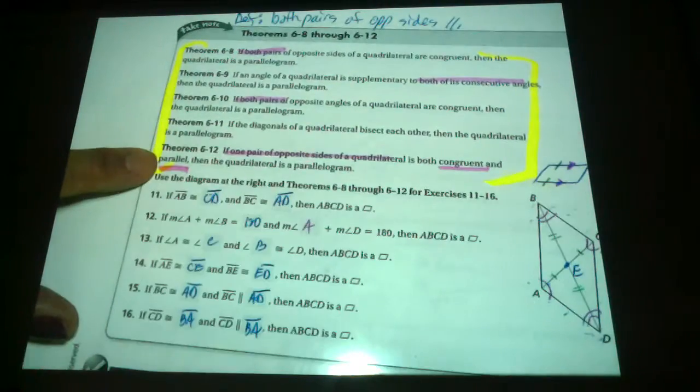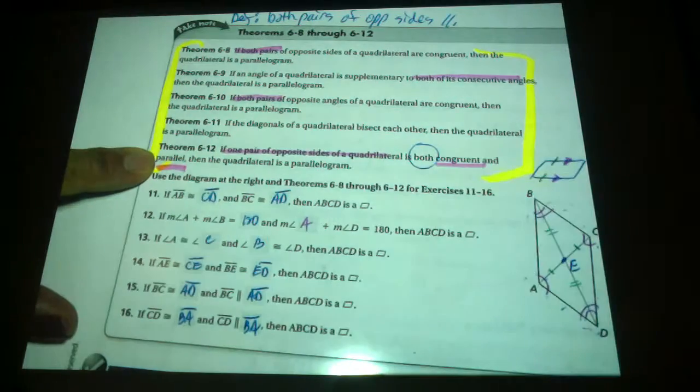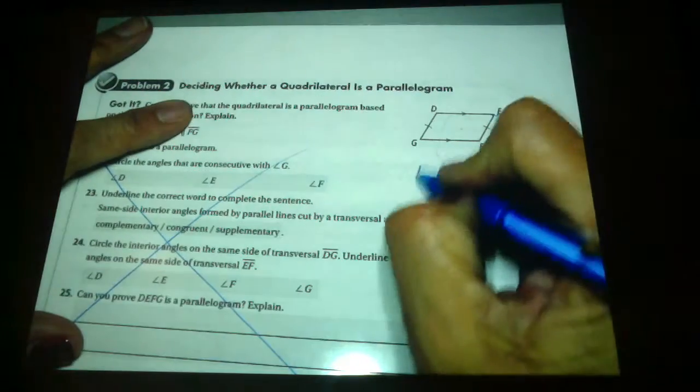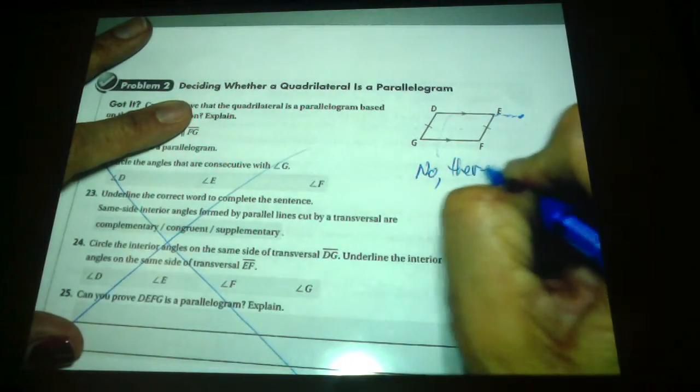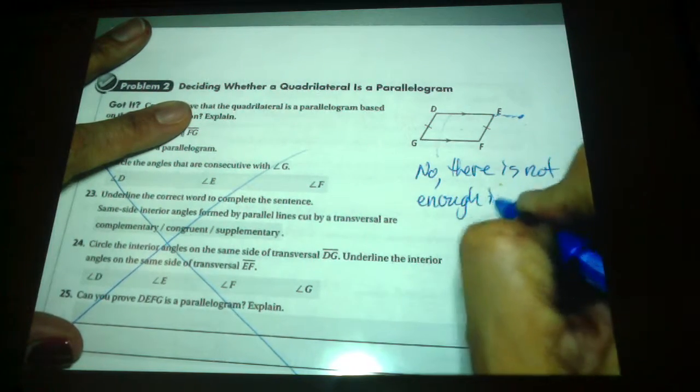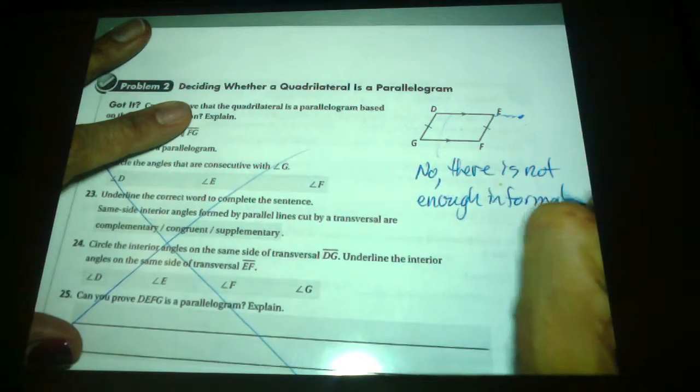This one here, 6.12, says that one pair of opposite sides is both congruent and parallel. We don't have that. So therefore, no, there's not enough information. You would need to either have these sides being congruent or these two sides being parallel.